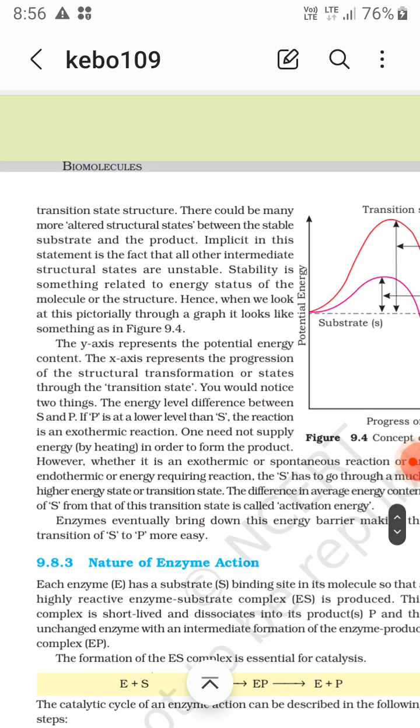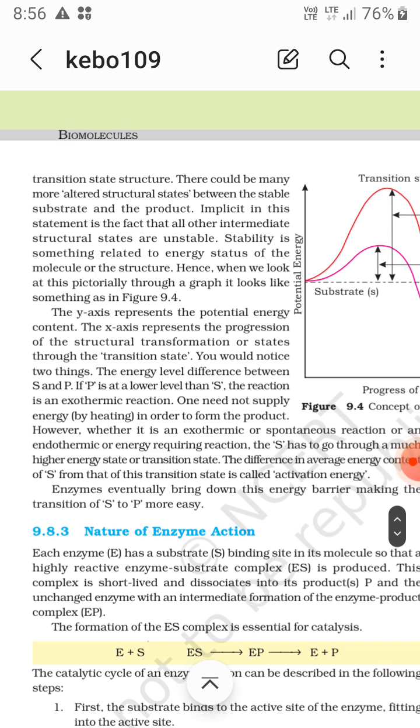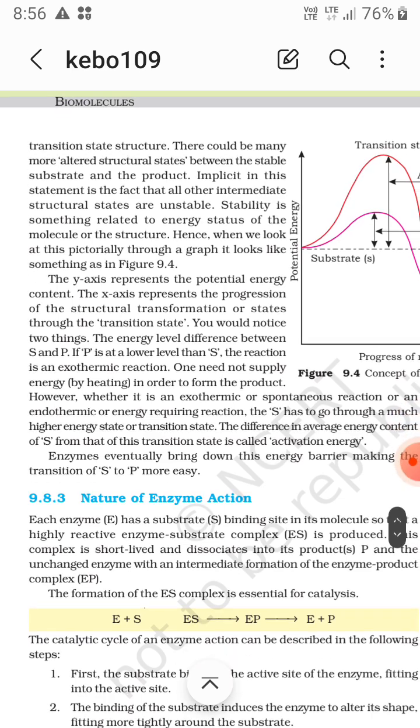Now the y-axis represents the potential energy and the x-axis represents the progression of the structural transformation, or states, through which the substrate goes, including the transition state. Now consider the energy level difference between the substrate and product.